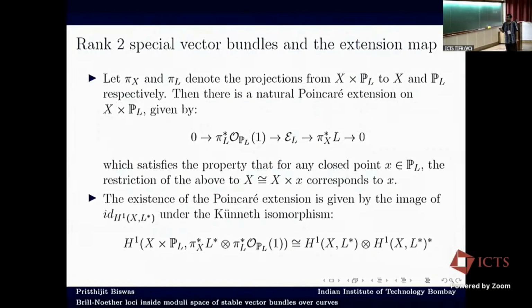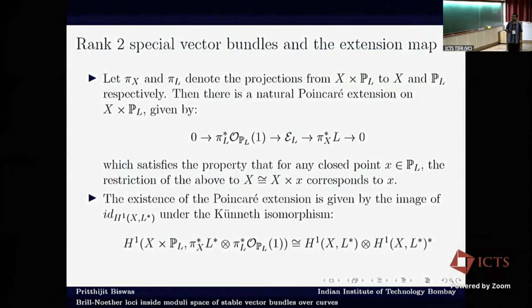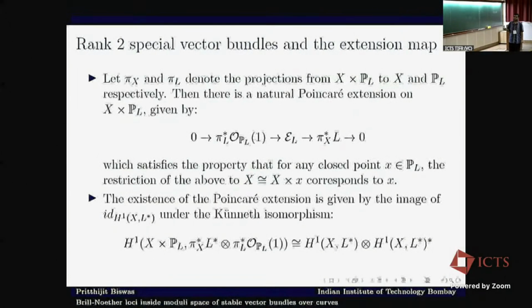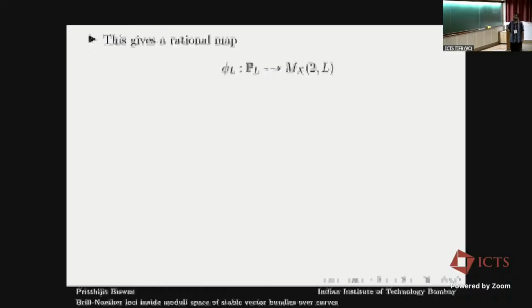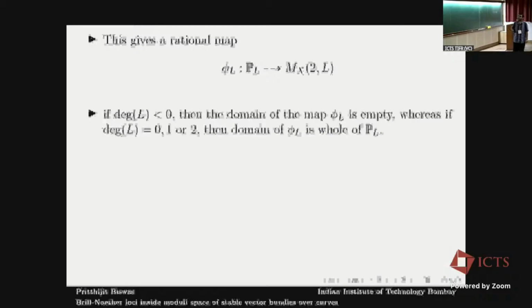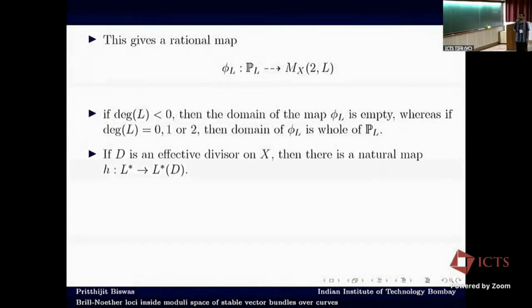You get this universal extension by breaking this into a decomposition, which is the Künneth formula, and looking at the identity element here. That gives you precisely the universal extension. So this EL gives you a rational map, because to land in the moduli space you have to restrict to those stable extensions. It is well known that if degree L is 0, the domain is empty, and if degree L is 0, 1, or 2, this is actually a morphism.